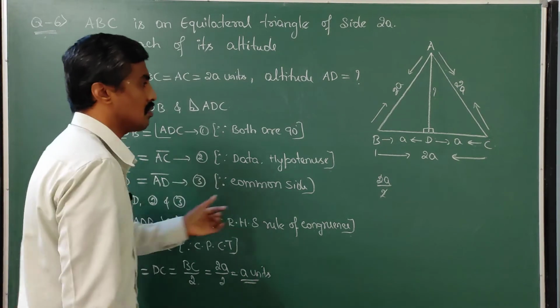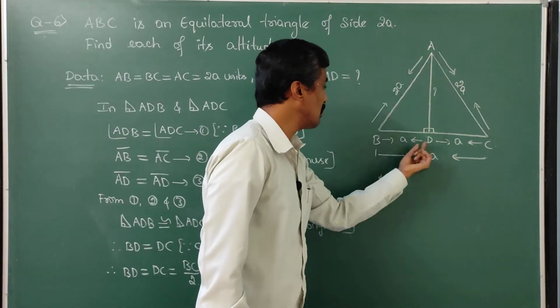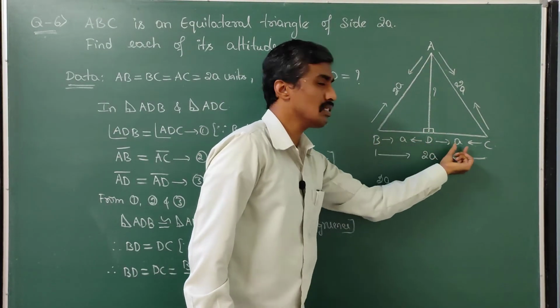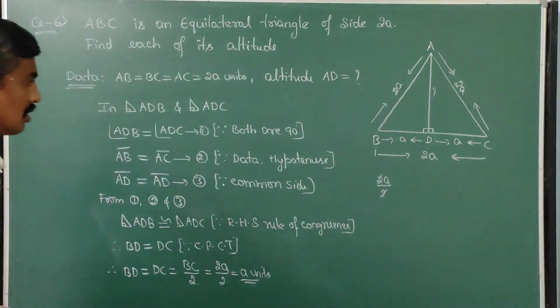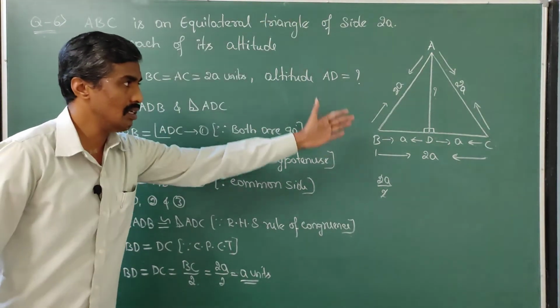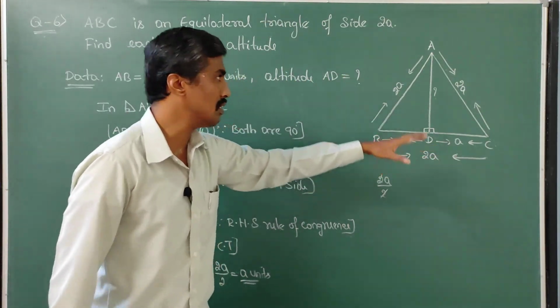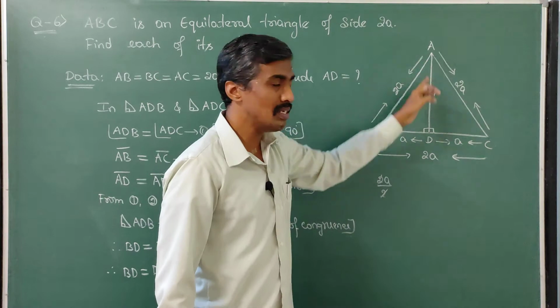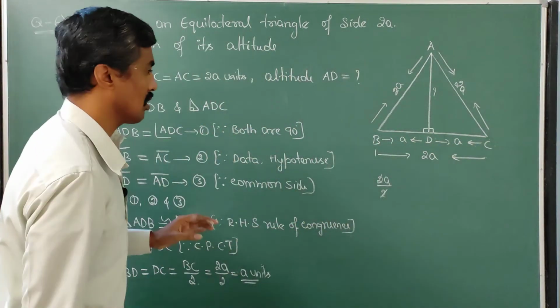So in our triangle ADB, BD is a units, and this is also a unit. Okay, otherwise you can directly apply the property of the altitude in the equilateral triangle. So what is the property? The altitude bisects the base.